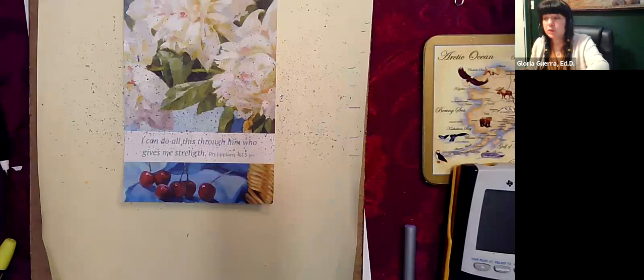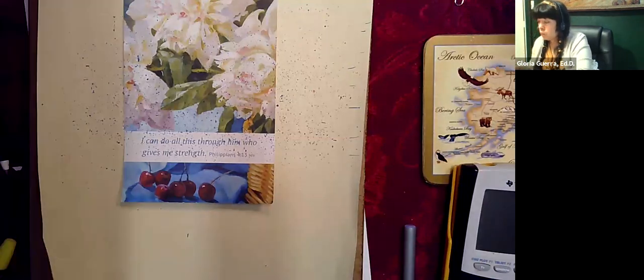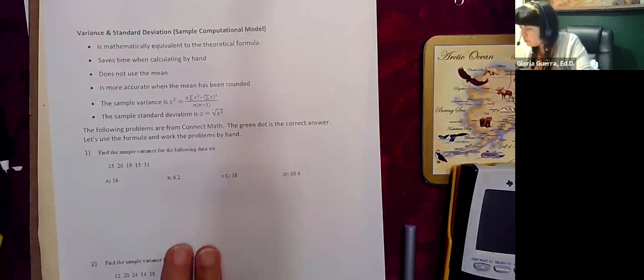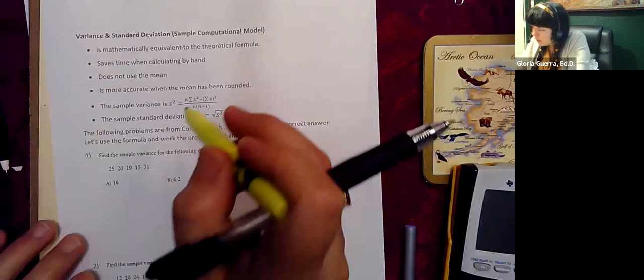Okay, so now let's look at 71. Variance and standard deviation, sample computational model. Good. This is the formula that we do need.